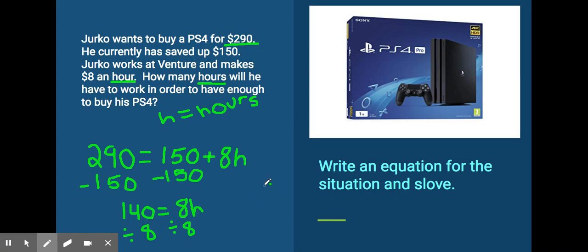I'm going to do my long division out over here. I know this is kind of far away, but it's scratch work. 140 divided by 8. So 8 goes into 14 one time. 1 times 8 is 8. 14 minus 8 is 6.